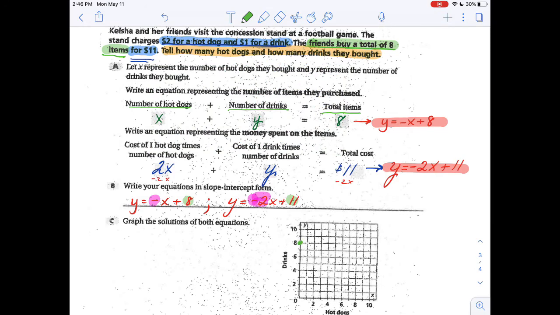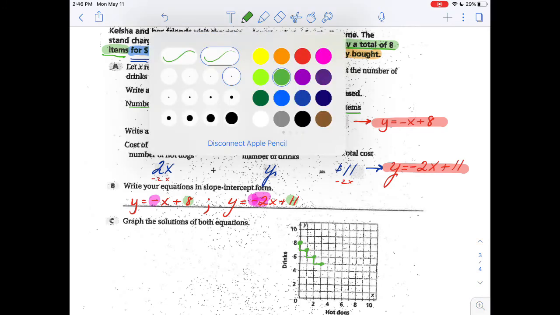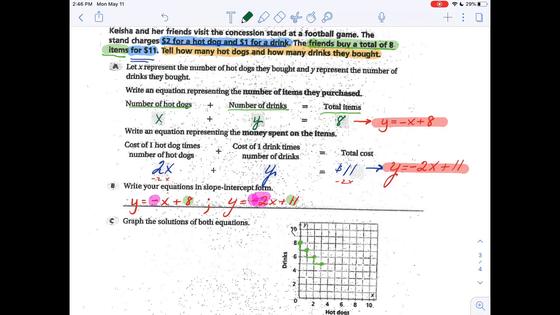And then we have a slope of negative 1, which means, again, remember, down 1 over 1, down 1 over 1. So you can keep going and get as many points as you want, so you have a good idea of what it looks like. And then, of course, graphing and getting that line on there. So there's my first one.